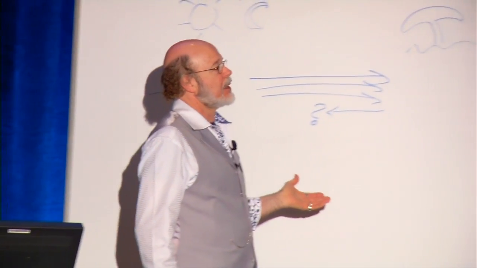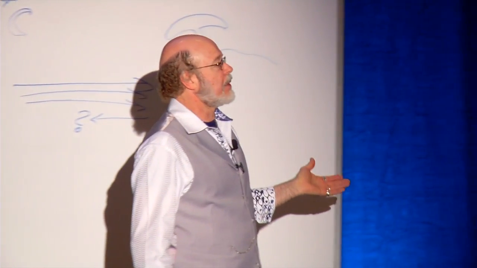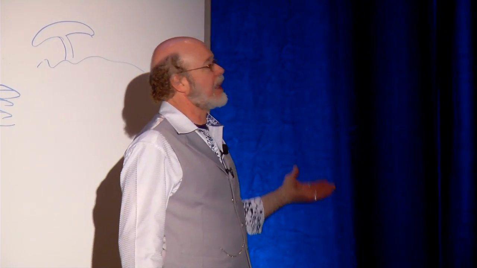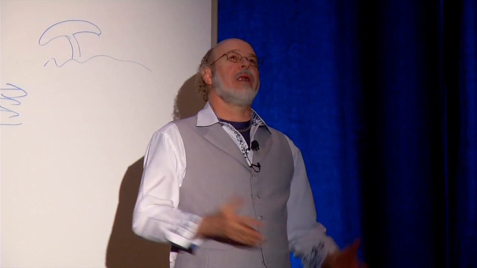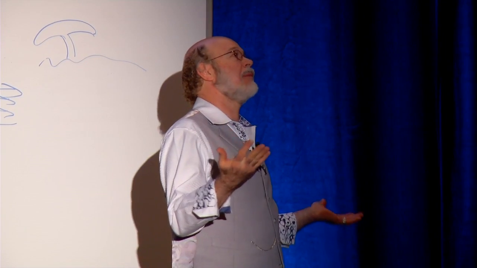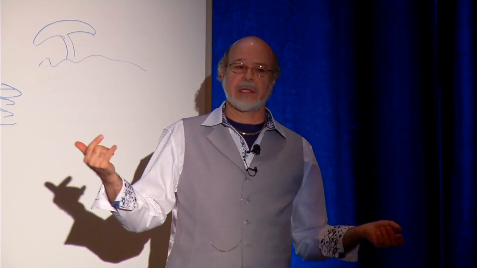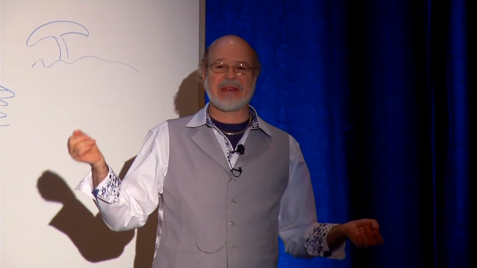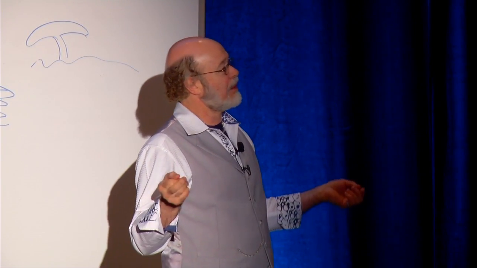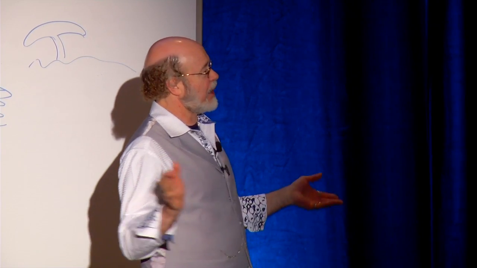So now we come to the last 10 days to the final, or the last 3 days to the final, where everything comes out at the end. It's like the consultant's list of drawings. We always get lists of drawings from people, and the majority of our work, at some point, some bank or a lending organization is looking at the list of documents, and if the list of drawings doesn't match the title block word for word, then they want it all changed.